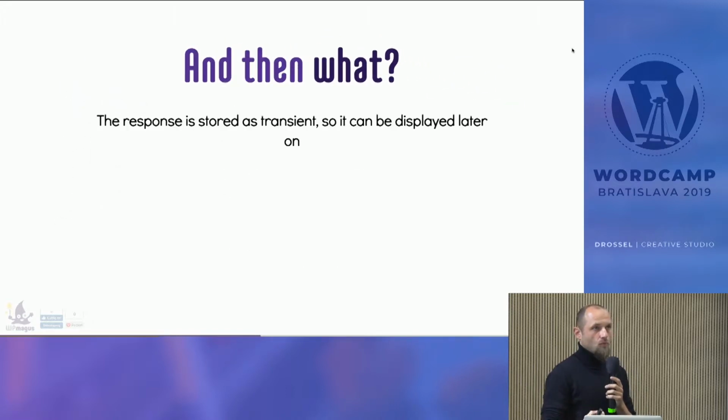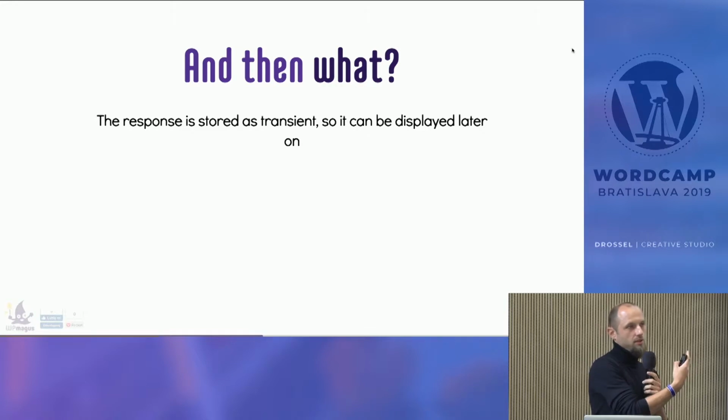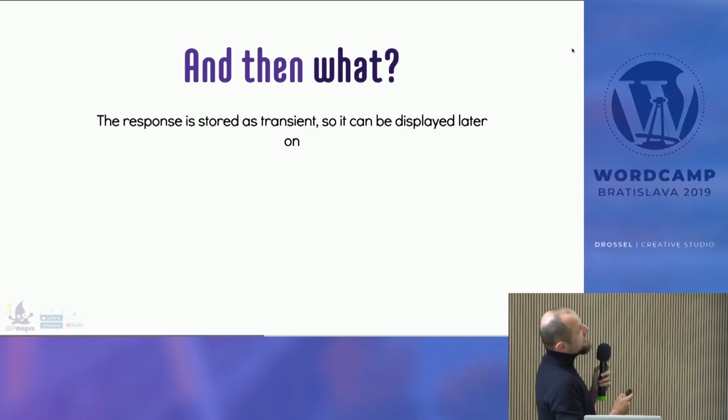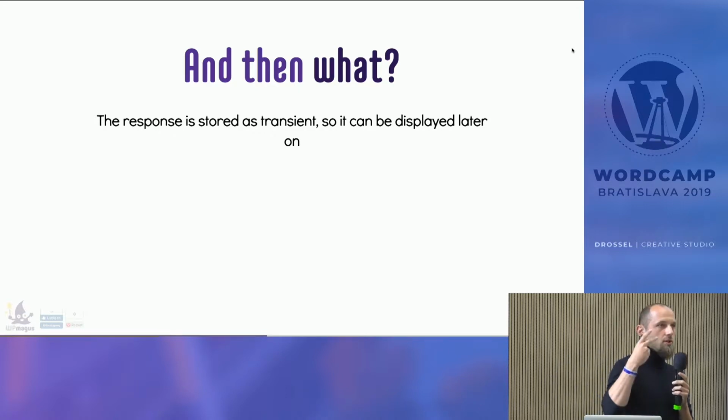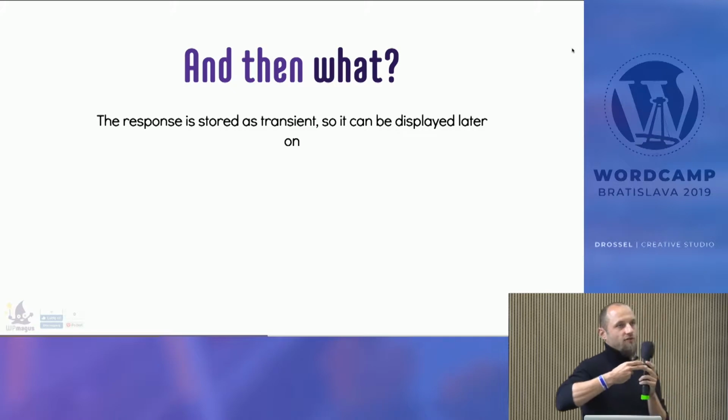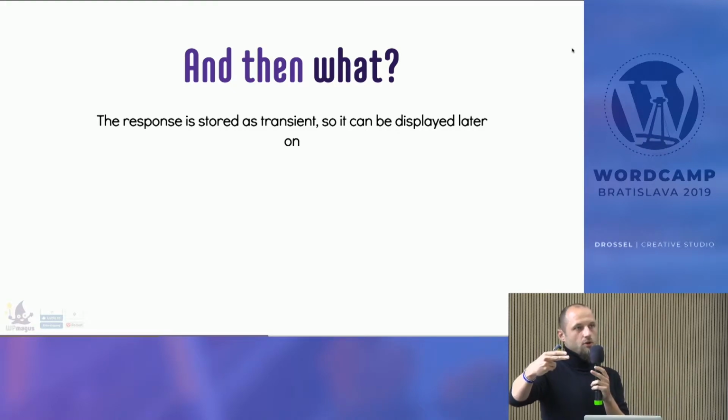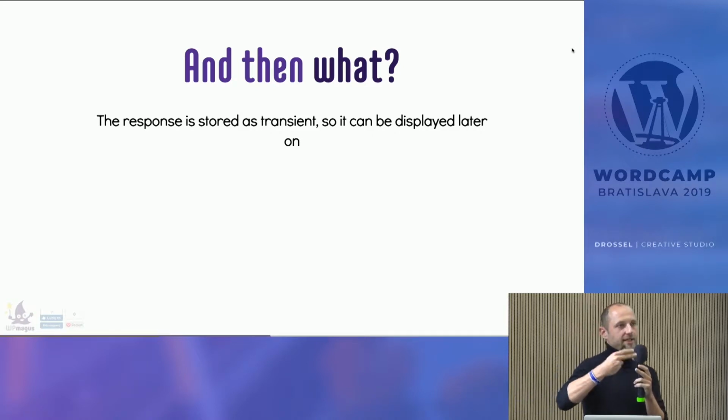And then what? We have the info about the newest version. What then? We have to display it in the dashboard, right? So the response is stored as a transient. Do you know transients? Yeah, of course. Great. Transients are options that are valid only for some time. For example, we say that this option should be valid only for 1 day.